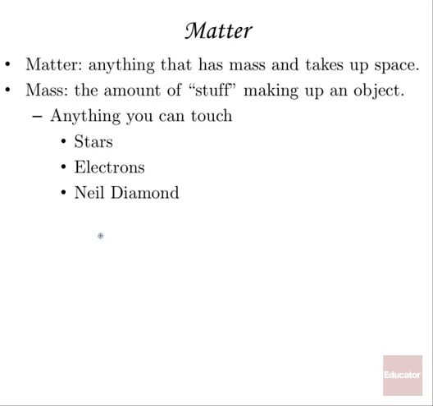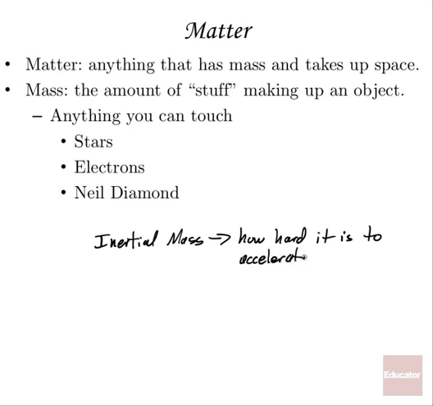Now, there are actually two types of mass. We could talk about inertial mass, and inertial mass is really how hard it is to accelerate an object. Likewise, we could talk about an object's gravitational mass, which refers to how large a gravitational force an object experiences.